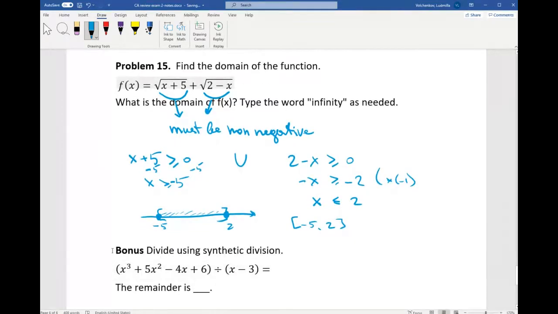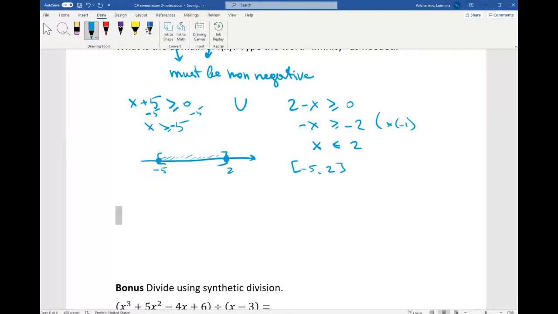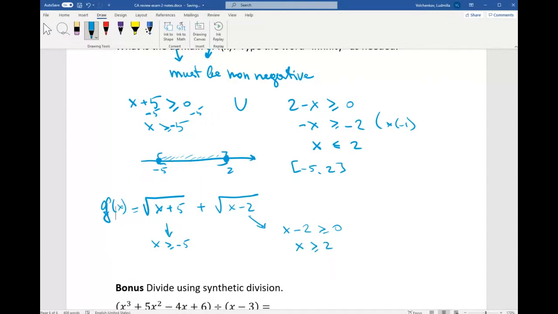In some variants it will be something like, let us take the same one, x plus 5 plus x minus 2, like this, for example. Let's call it g of x. Then the first condition will be the same, x is greater than or equal to -5. For the second condition, you will get x minus 2 greater than or equal to 0, which means x greater than or equal to 2.